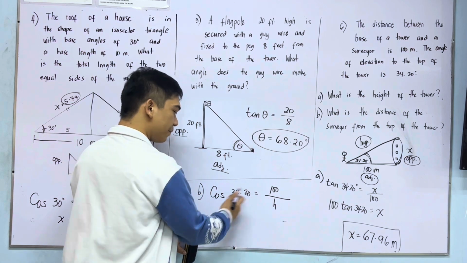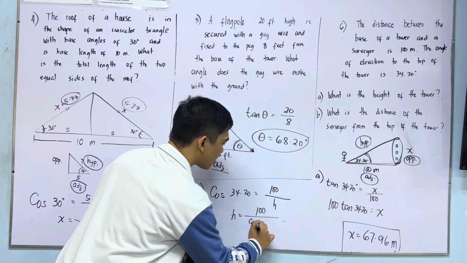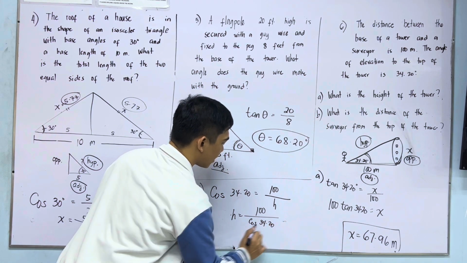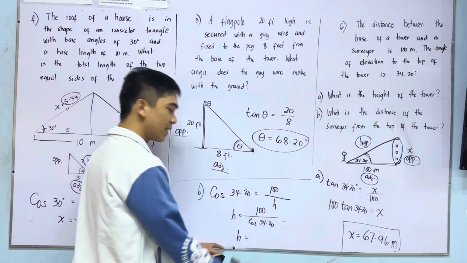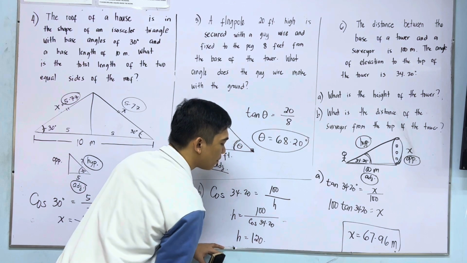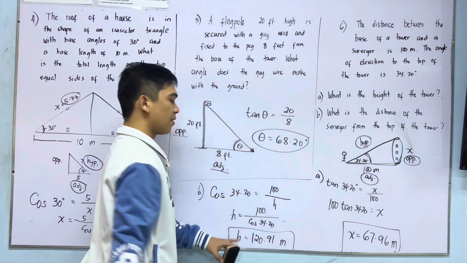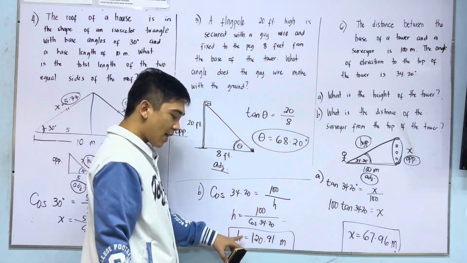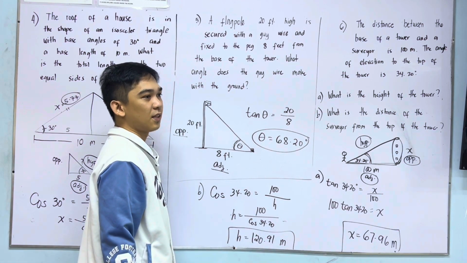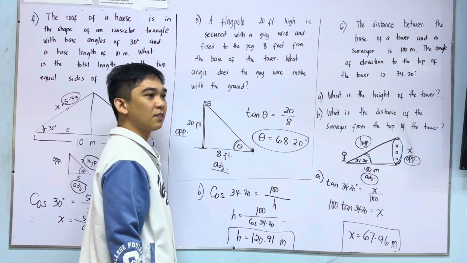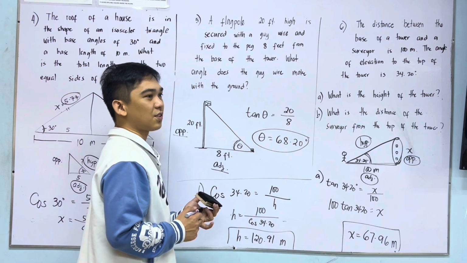Now we have H is equal to 100 over cosine 34.20. Ang sagot natin? Diretso lang to, class. 100 over cosine 34.20, nagiging 0.78. Dapat dire-diretso.